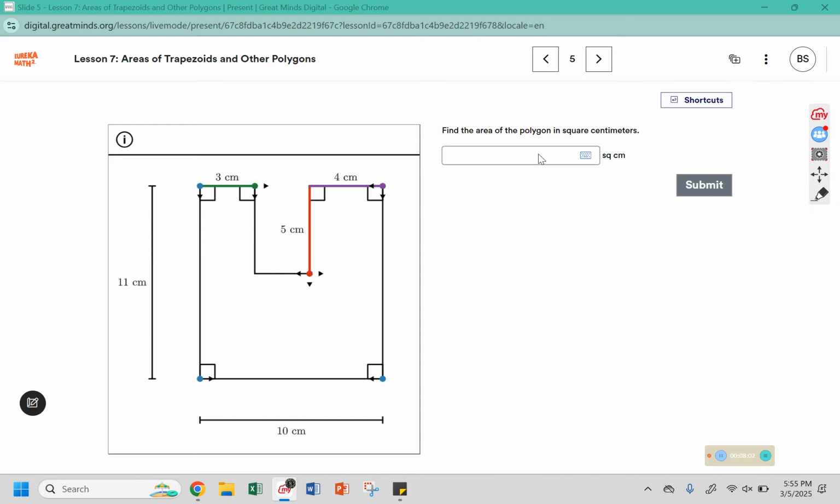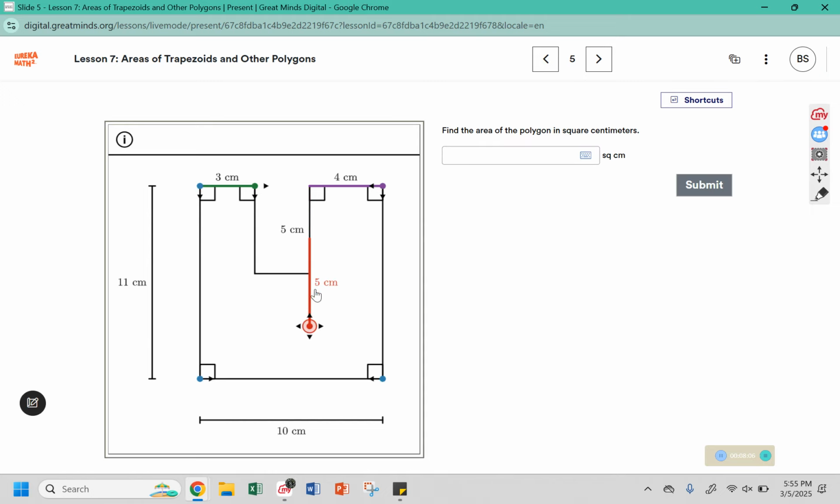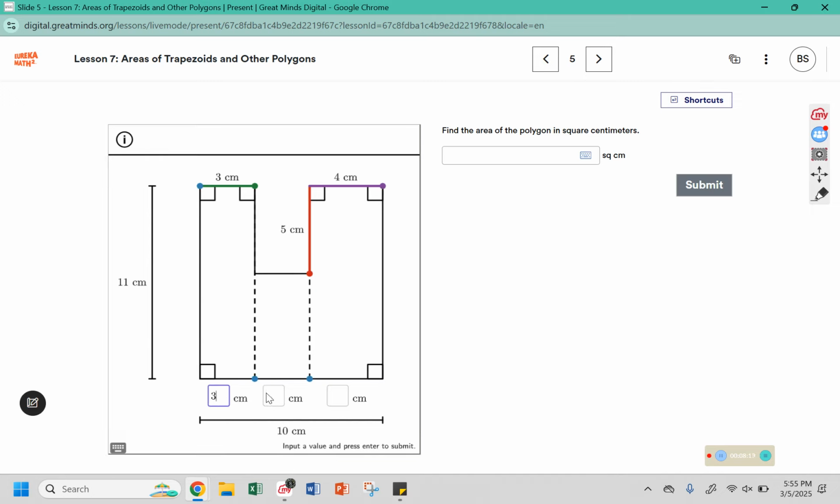Find the area of the polygon in square centimeters. This piece was 3, this piece was 3, and this piece was 4.